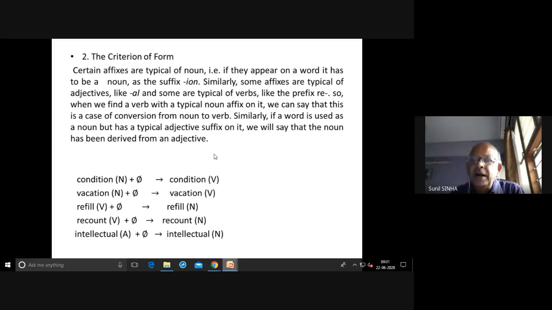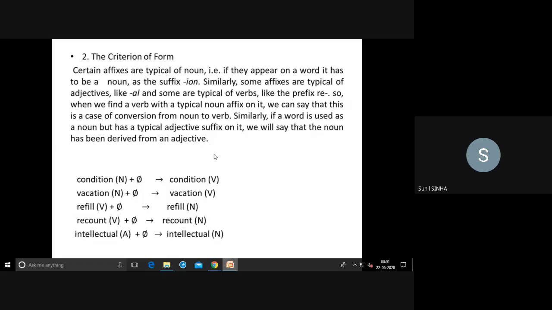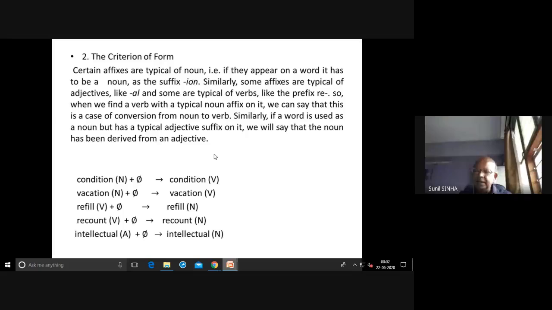When you write condition, then that is the form of condition. Now, condition is a noun and condition is also a verb.